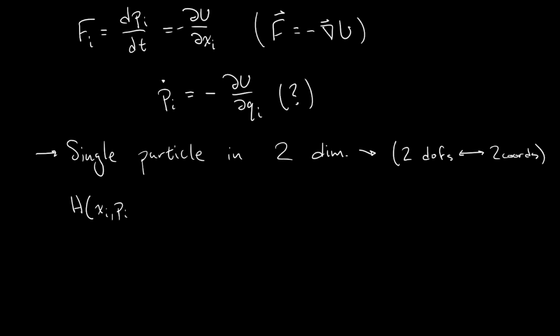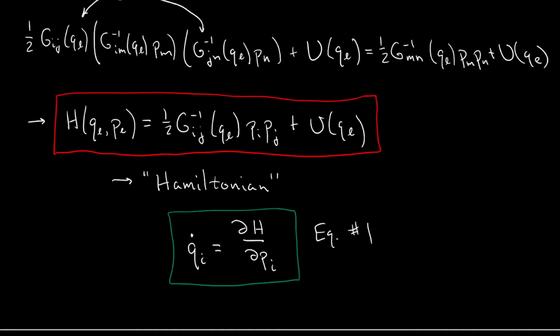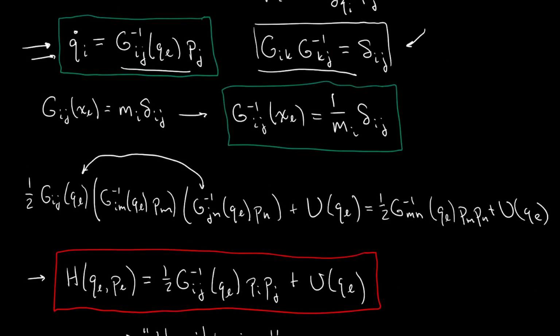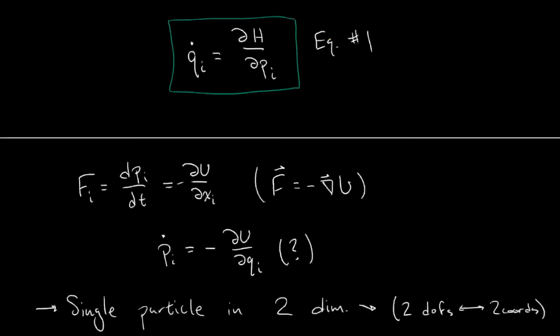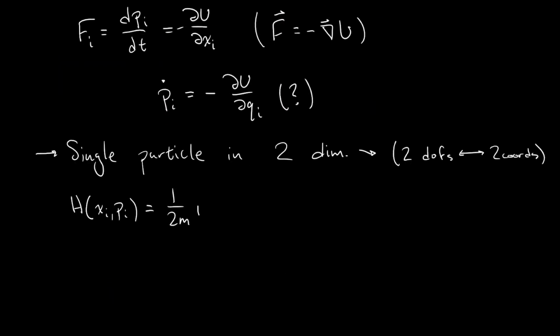H of x^i, p_i is going to be 1 over 2m, right? Because like I said, in Cartesian coordinates, it's just 1 over m times the Kronecker delta. And this is p_i p_j plus U of x^i.